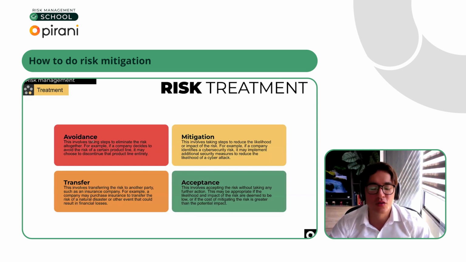You're just going to avoid stepping into this product or line, or maybe you want to open a new market in a new city or country. To avoid the risk is to not open that line or product or open that office in that specific market.